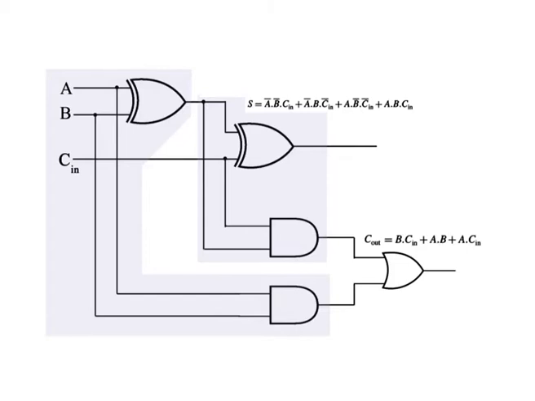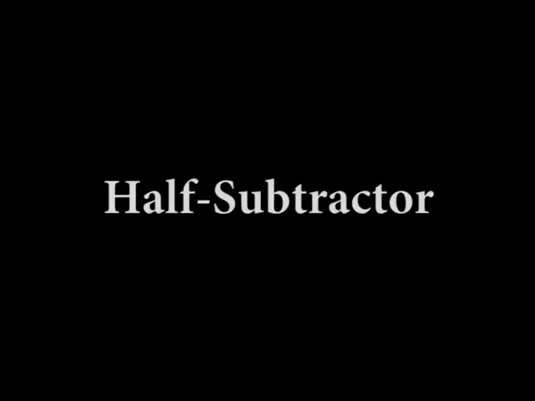Half subtractor. We have seen in earlier lectures on digital arithmetic how subtraction of two given binary numbers can be carried out by adding 2's complement. This allows us to do a subtraction operation with adder circuits.